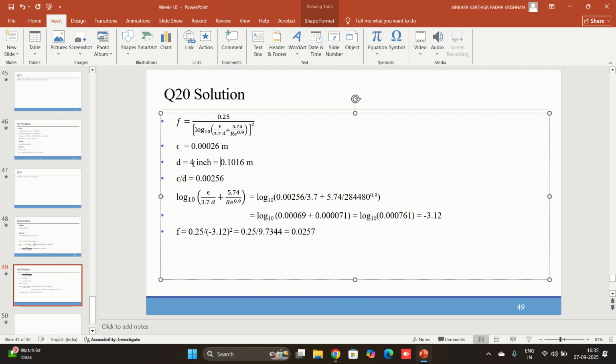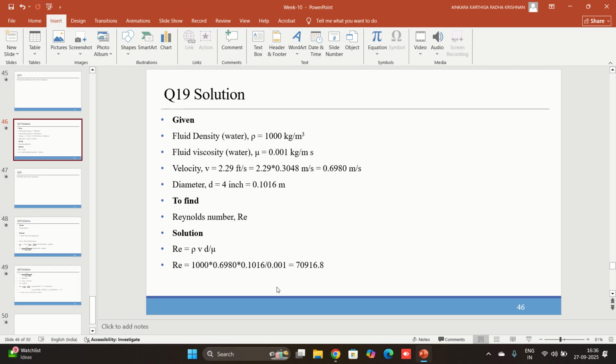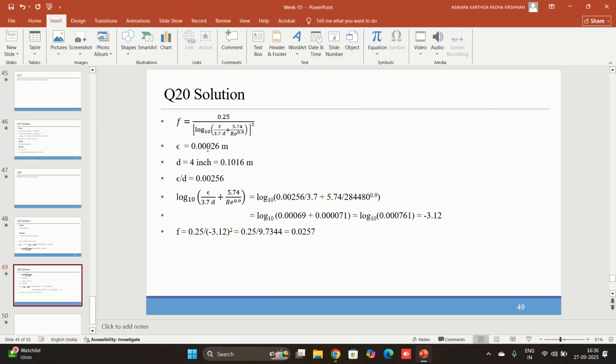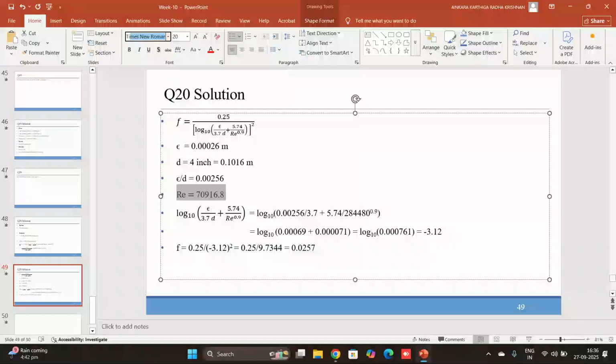So it is 0.00256 divided by 3.7 plus 5.74 divided by, actually our Reynolds number changed, Re is equal to 70,916.8.